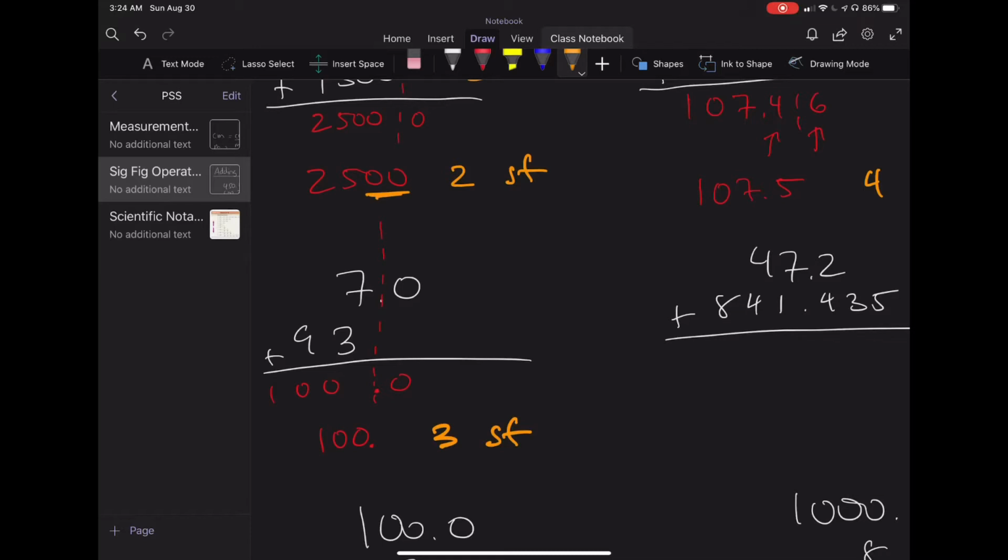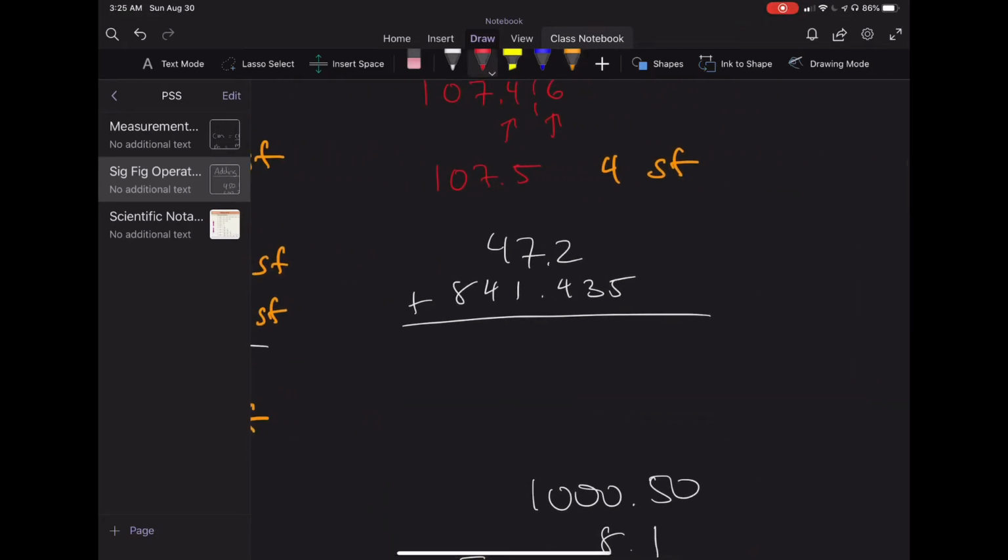Sometimes they may also do it with a bar above or below to indicate that those are significant, or a bar just over the last digit. I personally like just putting the decimal at the end, because then that keeps all of these digits significant. So 3 sig figs: the 7.0 had 2 sig figs, the 93 had 2 sig figs, and our final answer ends up with 3.